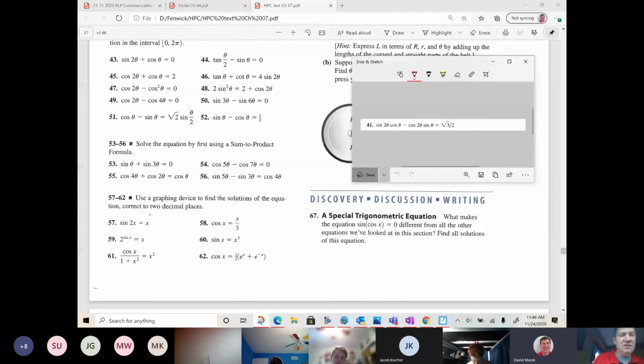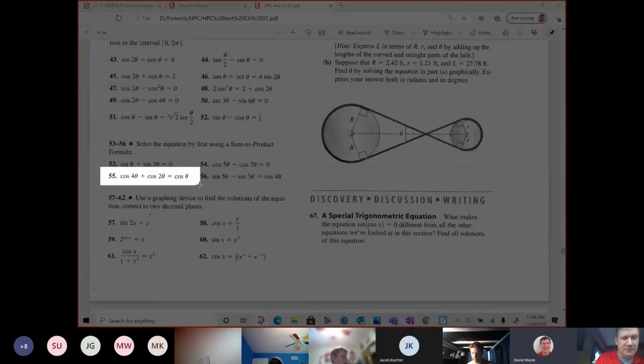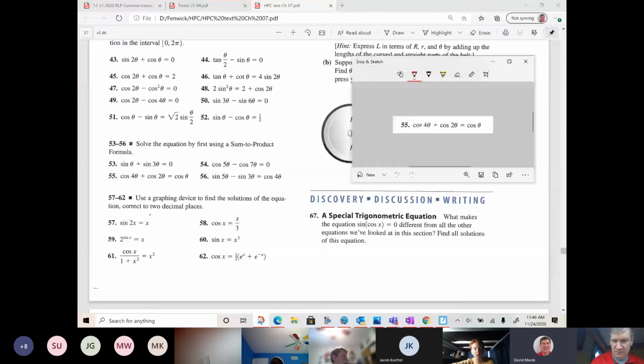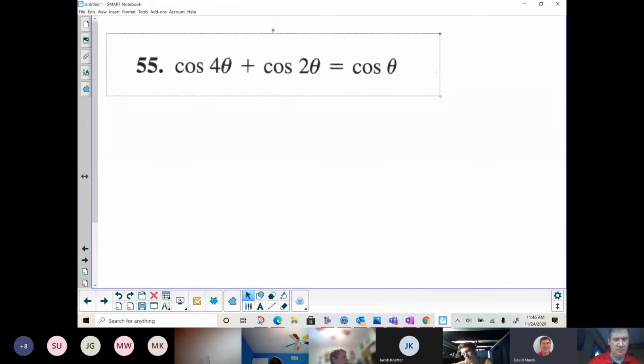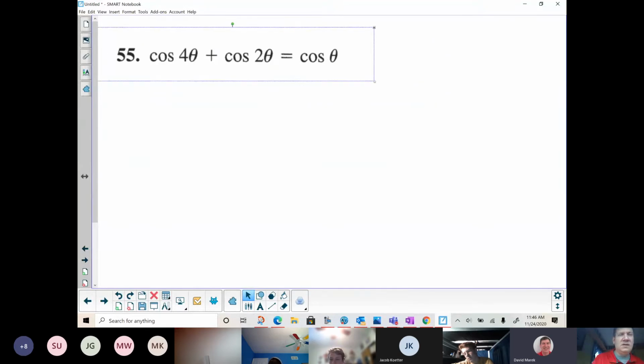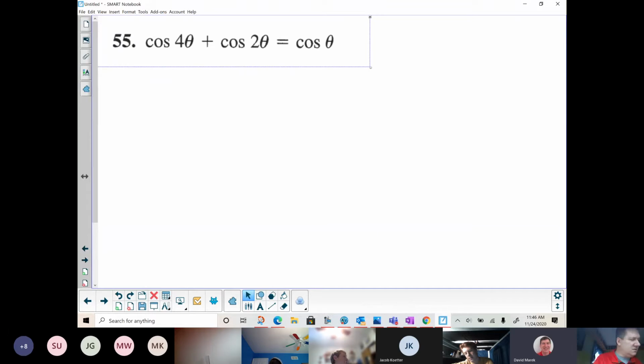Isn't it nice that they're giving you these little hints? This one, they suggested that you use one of our sum to product formulas. All right, so cosine plus cosine.